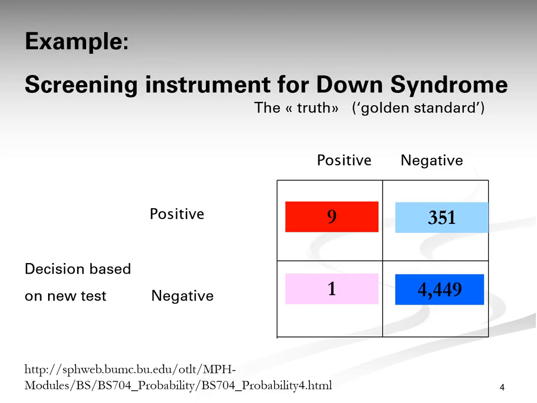So think, for instance, of a screening instrument for Down syndrome. Suppose that in a study, we have data from about 5,000 persons, 5,000 babies. Some of them are positive, so some of them show Down syndrome, more specifically about 10 persons, and the other persons are not positive.